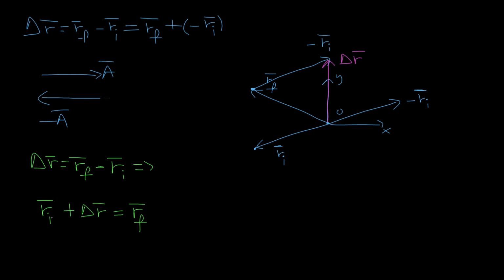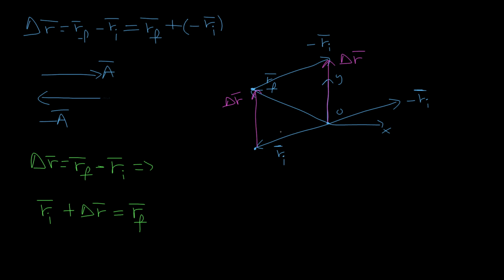So now I have the initial position plus the displacement will give me the final position vector. Let's see how this is applied over here in this expression. The displacement vector that I got here, I can move it anywhere in space, and so long as I keep the same direction and the same magnitude, it is the same vector. So this is still my displacement vector.